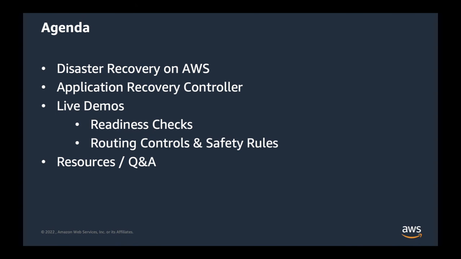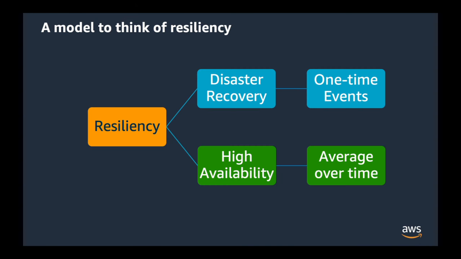Excellent. So we'll start on the disaster recovery on AWS topic. Ultimately, one of the fundamental roles of DevOps or operations is to ensure that applications continue to perform their intended business functions. And to achieve your business objectives, you must architect for resiliency.